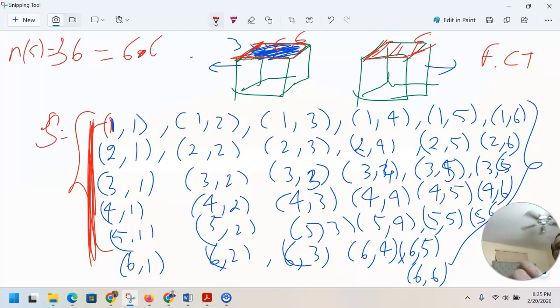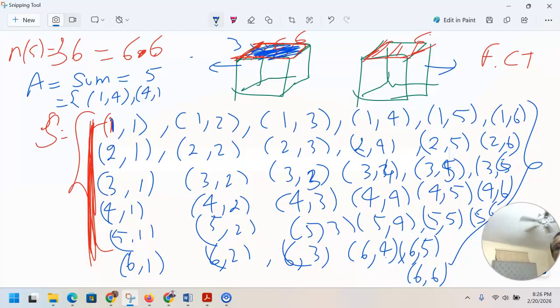The visuals help you clearly see what's going on, because they can ask: what is the probability that the sum is 5? Which options do we have? The first is 1 and 4, and if it is 1 and 4, by default it will be 4 and 1 also.